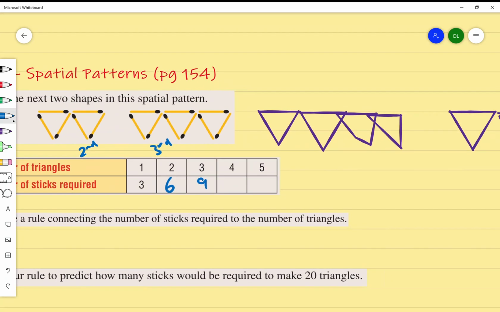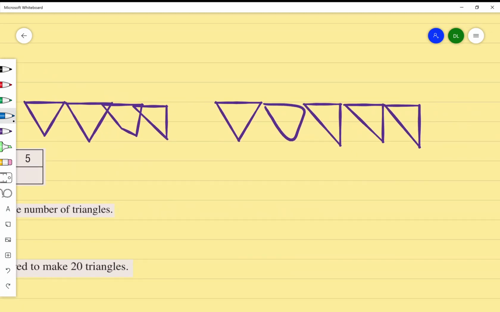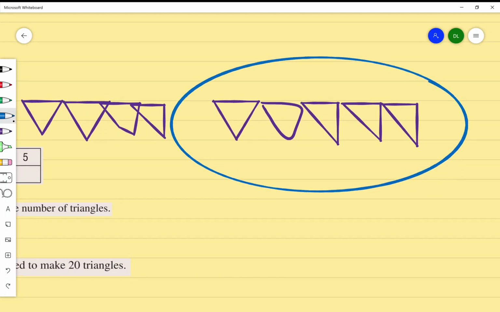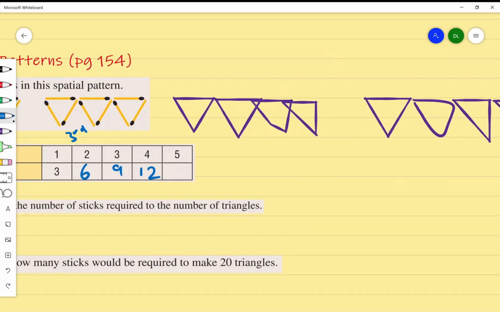Alright, Caitlin, what did you get in the fourth one? You need 12. Okay, I'm going to write 12. And lastly, Kenta, how many sticks do I need to make this one? So we've got 3, 6, 9, 12. The next one will be 15.